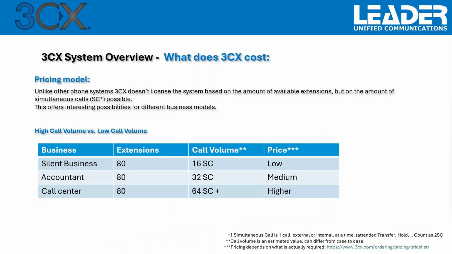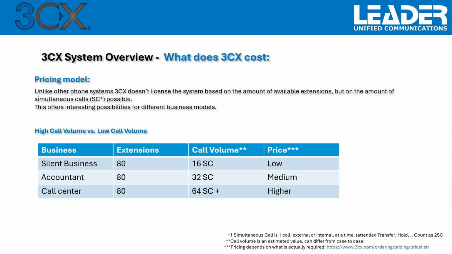Now, the pricing model, as I said already, 3CX doesn't license the system based on the amount of available extensions, but on the amount of simultaneous calls. For example, we have a silent business that doesn't make many phone calls and has 80 extensions.